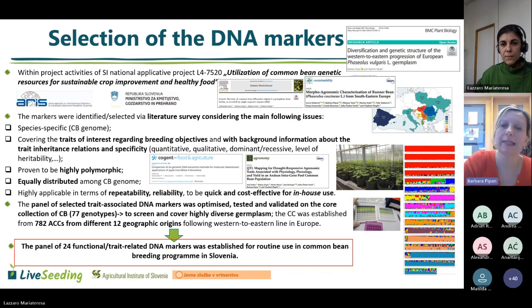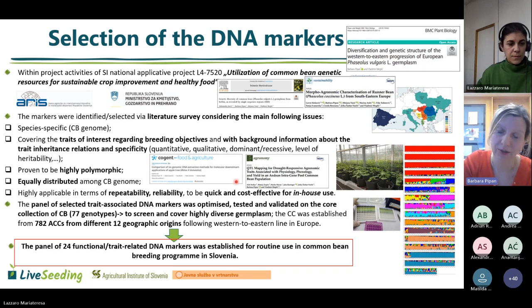As mentioned, for the selection of the markers, the panel which was pre-selected from the literature was then optimized, tested, and validated in the core collection of common bean. It was tested on 77 genotypes, which were a part of the core collection.